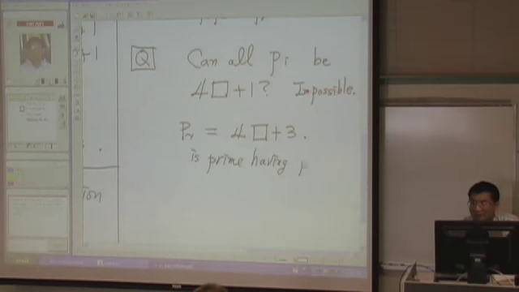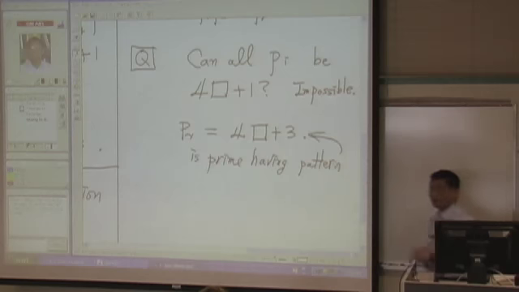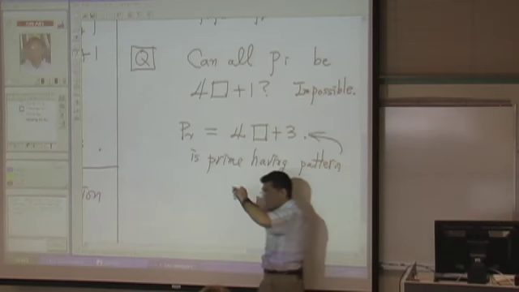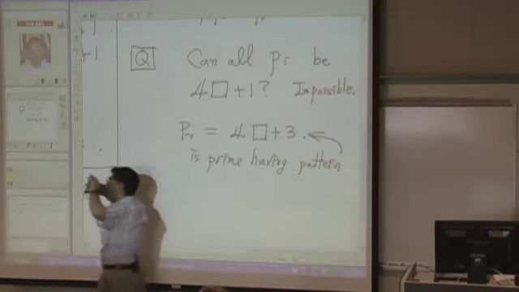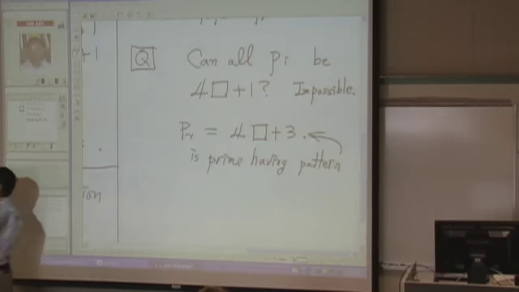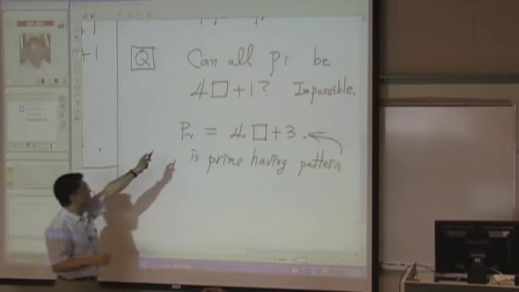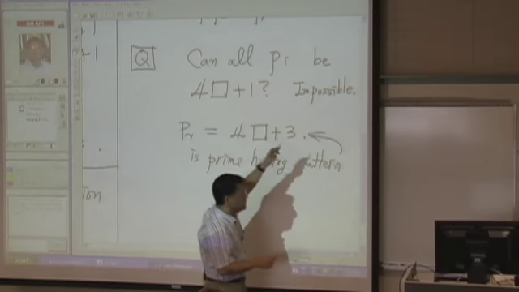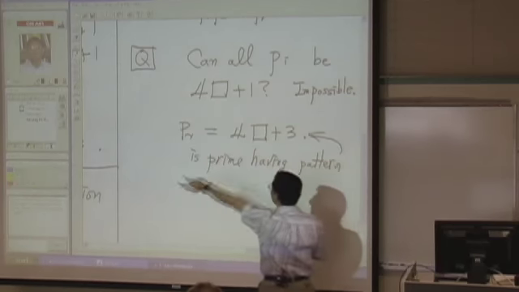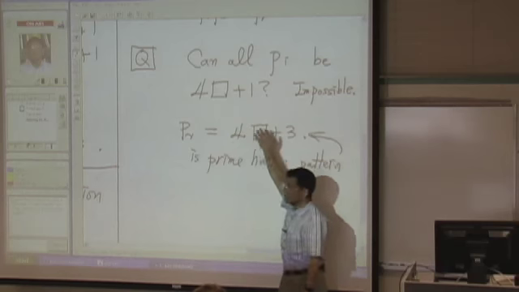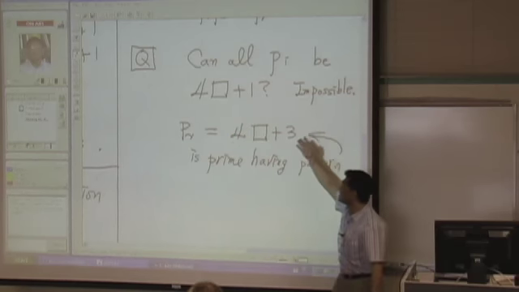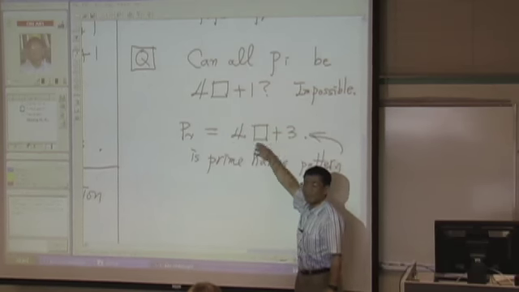Do you follow me or not? We decompose it. We cannot have this pattern all the time, because if you have this pattern all the time, the product will be the same pattern. So there should be something that doesn't have this pattern, in other words, the other pattern.